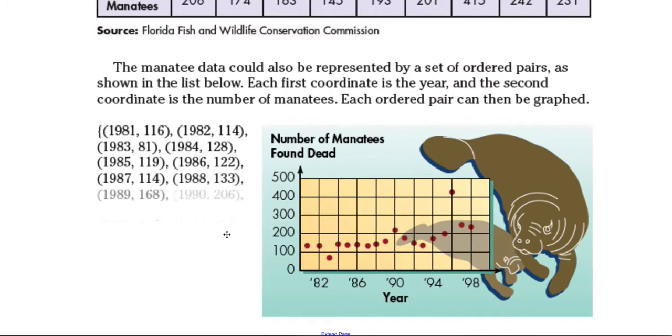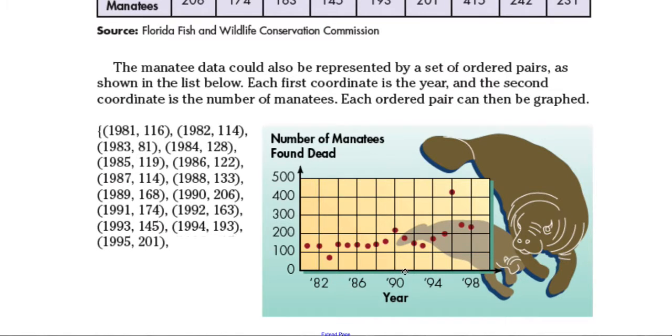You can see here 1990 and 206 is right over there. And we have all the way to 1991, 1992, 163. And 1993 is 145, 1994, 193 dead, and it jumps to 1995, 201.